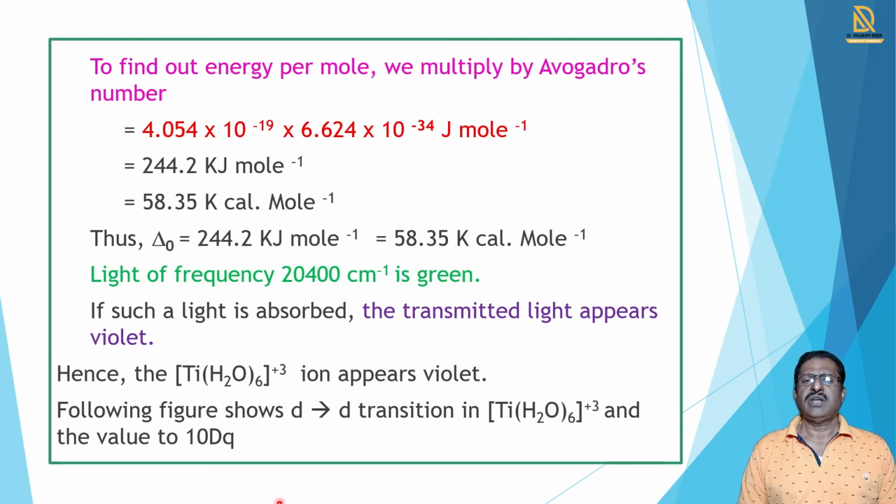The transmitted light appears violet. So this [Ti(H2O)6]3+ complex looks violet colored. So for this d-d transition in [Ti(H2O)6]3+, the value of 10 Dq we can calculate very easily.